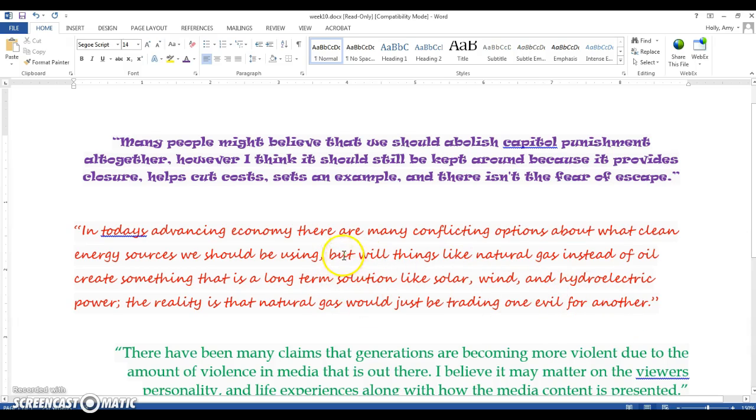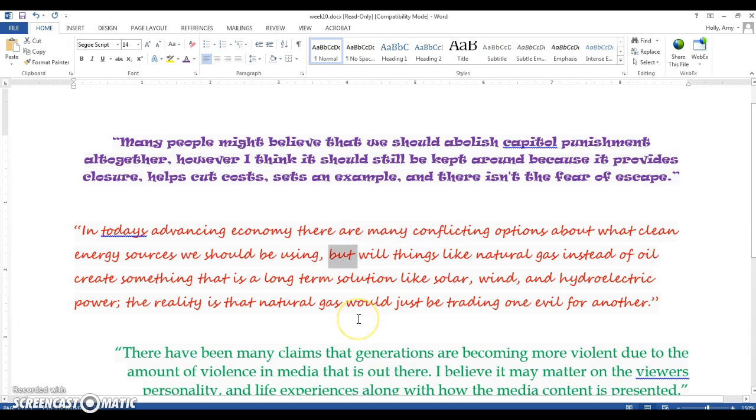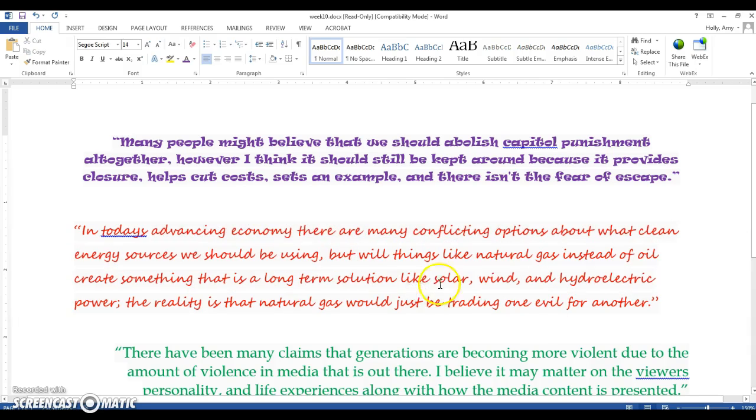They're not at this stage fully connected to that overall central claim. So we do have a reversal transition here, so we can use this as the starting point of our thesis, because remember that transition is what connects the counter argument to your thesis. And it seems like this person is arguing against natural gas, more in favor of solar, wind, and hydroelectric power.